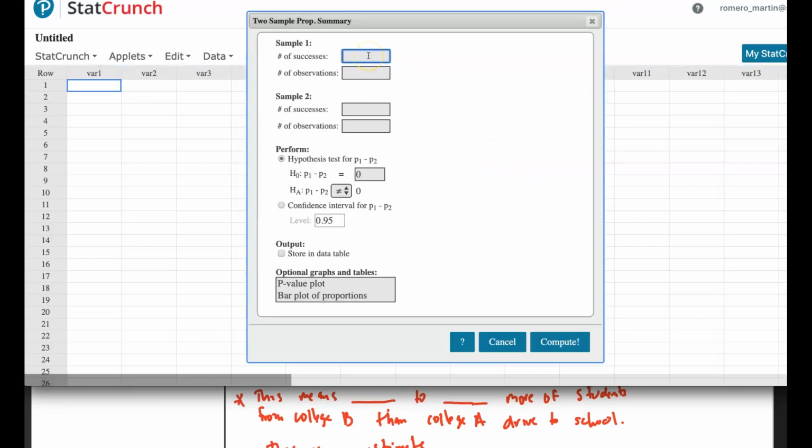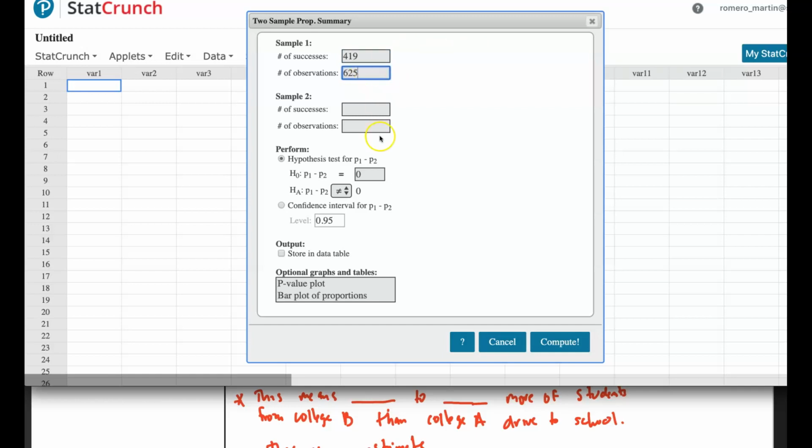And then we have the data with summary right now. And so then you're going to go ahead and put in the numbers that we need here for college B and college A. So let's go ahead and do that real quick. From our calculations, the number of successes for college B is 67%, or 2/3 of 625, which would give us around 419 out of 625.